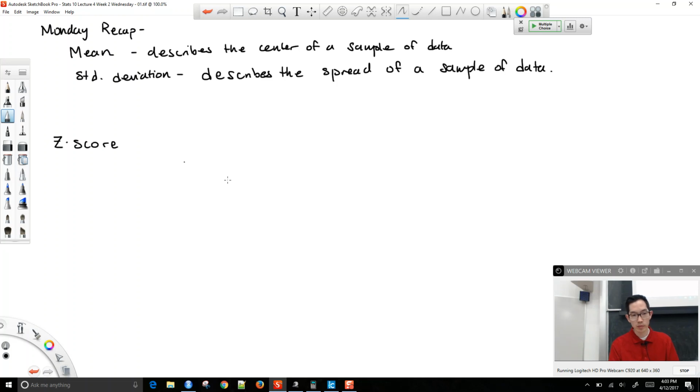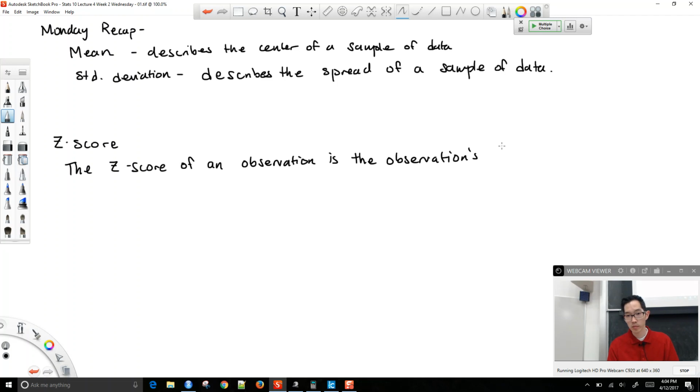So the z-score of an observation is the observation's distance from the mean expressed in standard deviations.